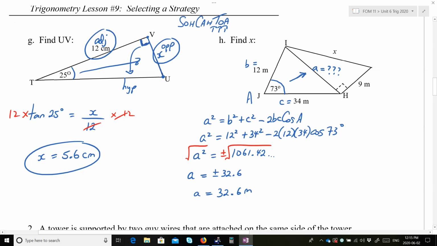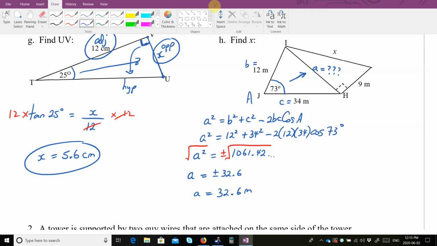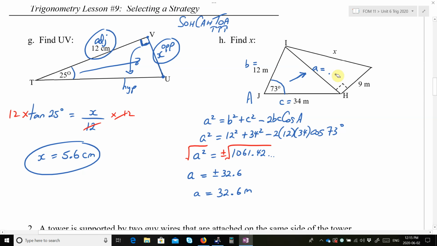Okay, so that gives us A right over here. So now in the 90-degree triangle, we'll use Pythagoras to get x. So this is 32.6. And remember, across from the 90, that's the c. So we will go c squared is equal to a squared plus b squared. So this will be our b over here.